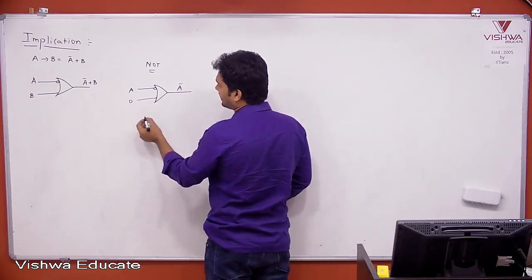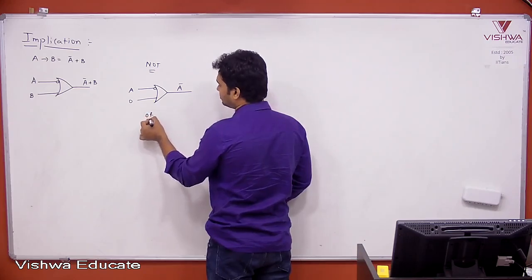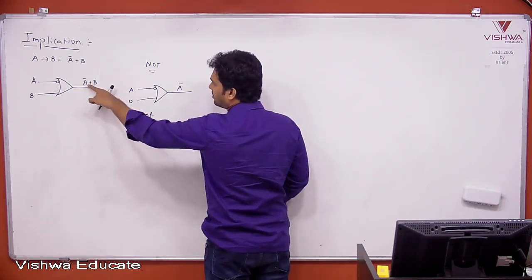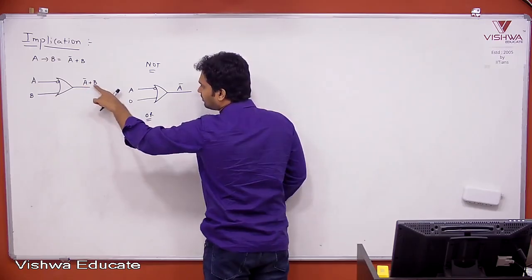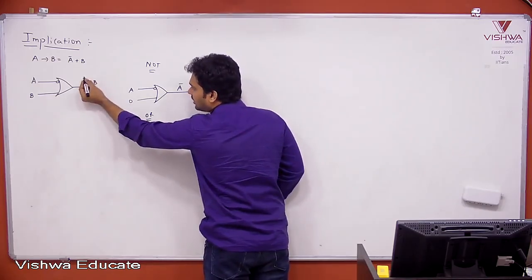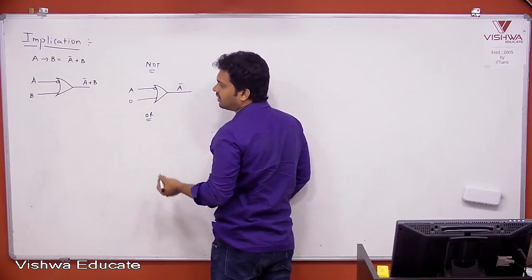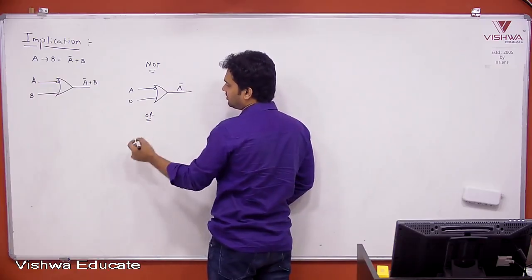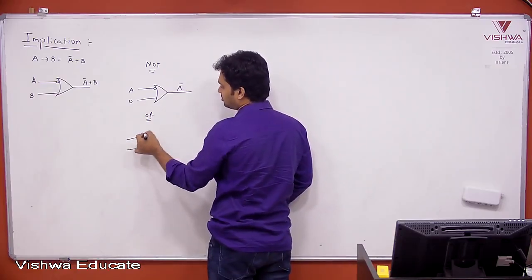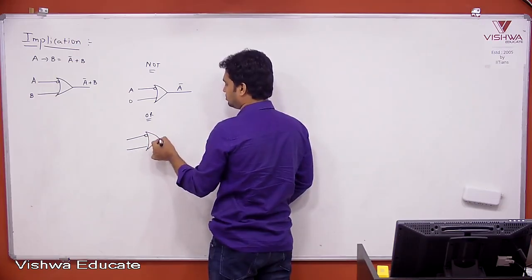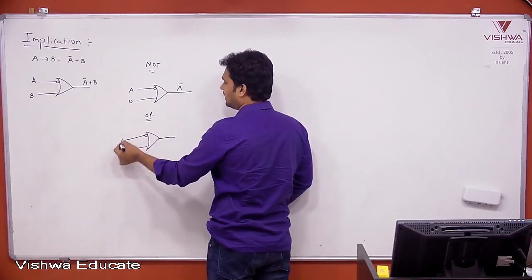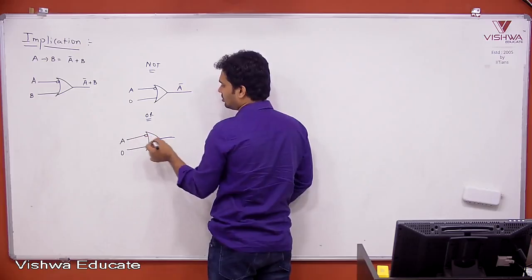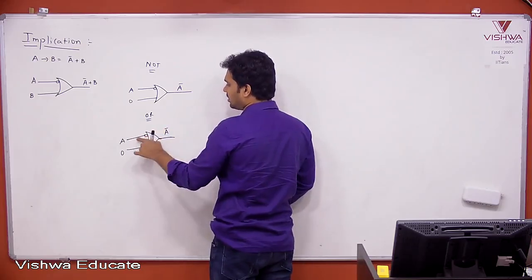Next, let us try to make OR gate. Now, you have A bar plus B, but I want A plus B. So, what we need to do is take a bar here, then it will be A plus B. Already A bar is available. See here how to make it. A, here 0. What is the output? A bar plus 0.